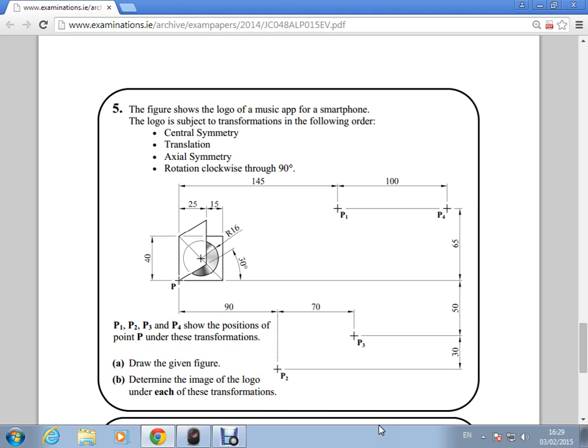So take a distance greater than halfway on your compass. I'm going to bisect the line P2 P3. That bisecting line is my line of symmetry.